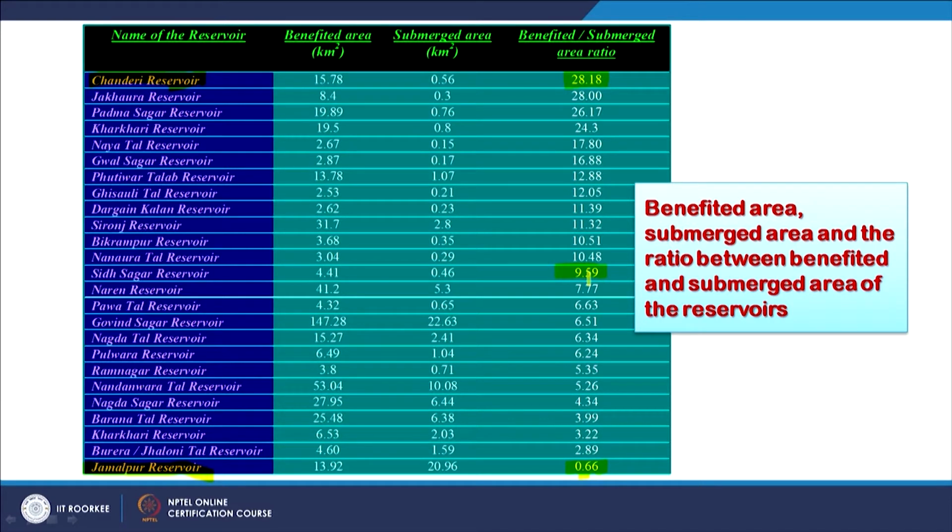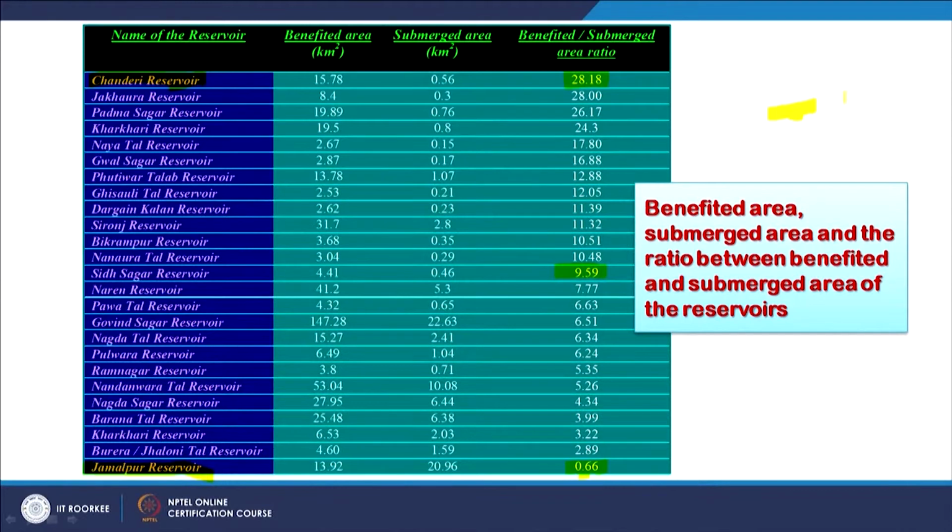So, by analyzing satellite images, anyone can develop such a benefit versus submerged ratio for a particular area, say for the Gujarat part or Maharashtra part where a lot of water problems are there, or in South India, by looking at satellite images, identifying a water body, a reservoir, and the downstream area which is getting benefit, and creating such a ratio.